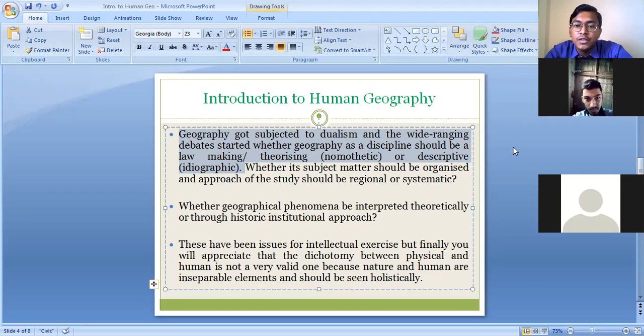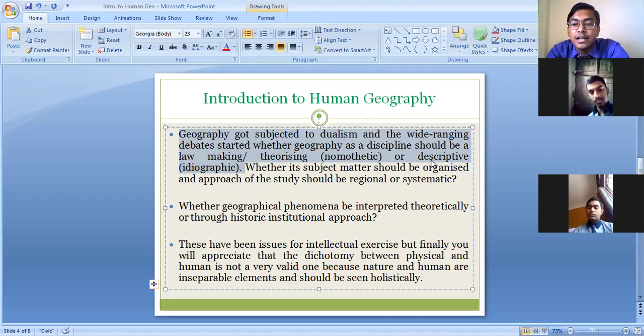Some geographers tried to understand the various factors or causes of different phenomena on the earth; they belonged to the law-making group. And some geographers tried to explain how and why things are happening; that is the other group, who consider geography a descriptive subject.